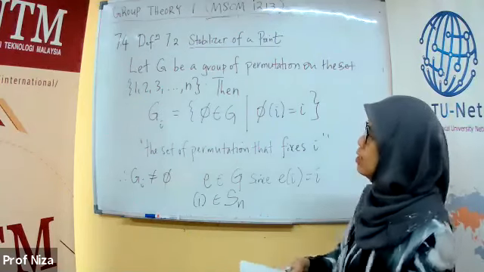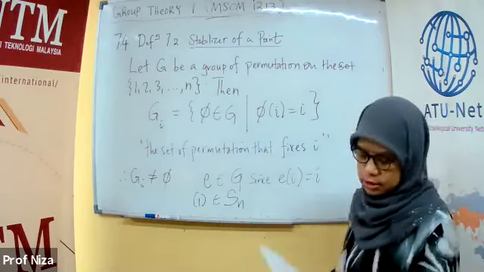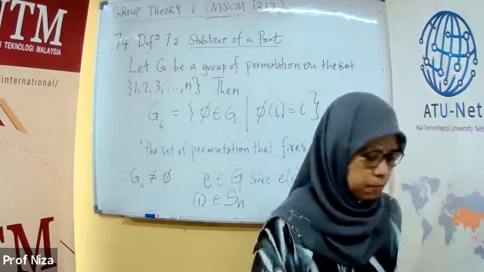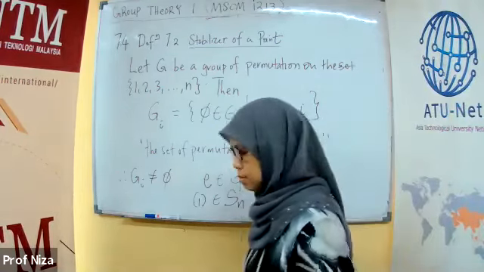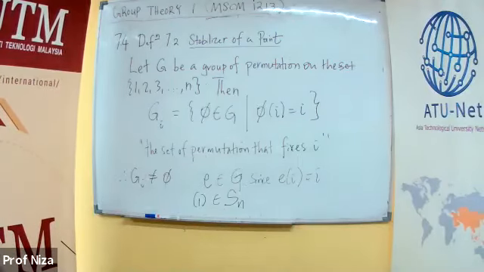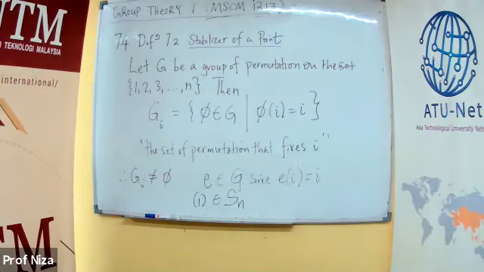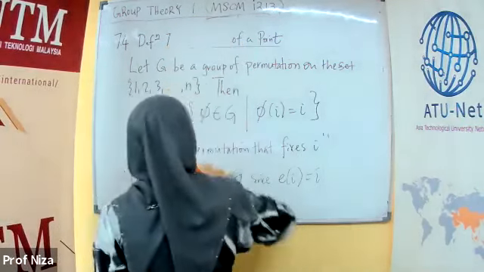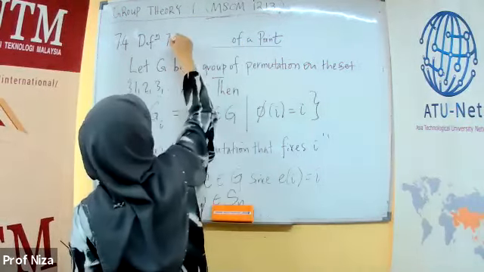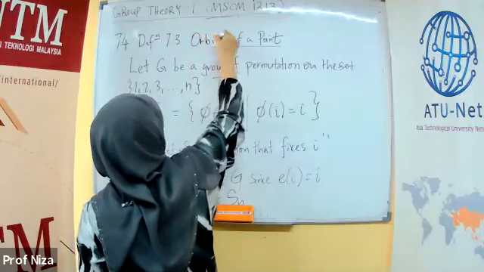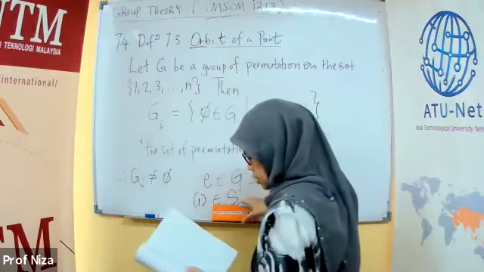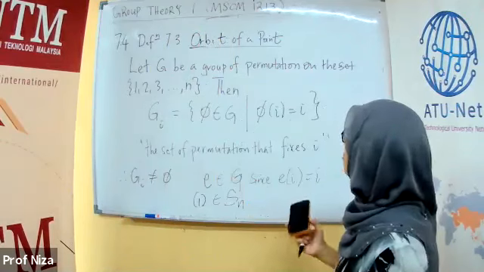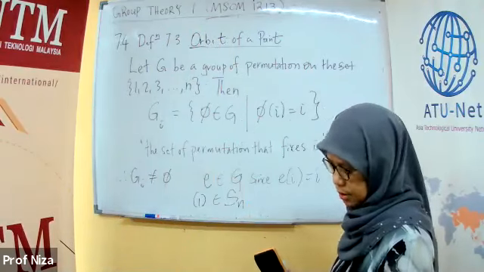Now the other one, 7.3, is the orbit of a point. Orbit of a point. Again, let G be a group of permutations on the set.